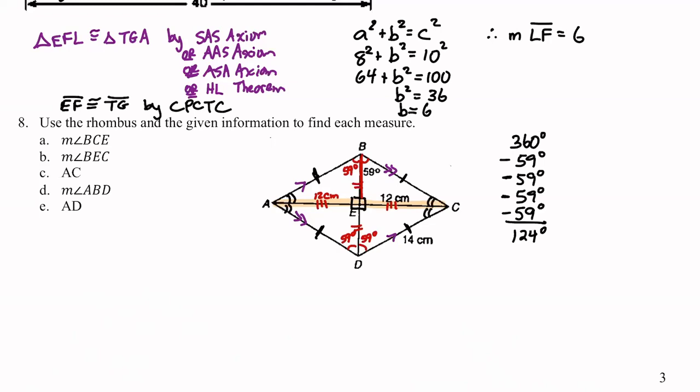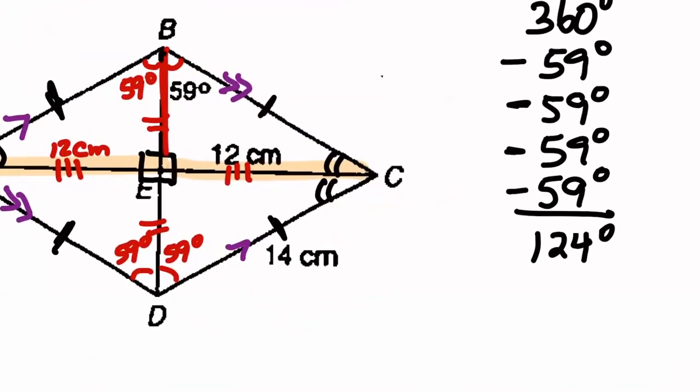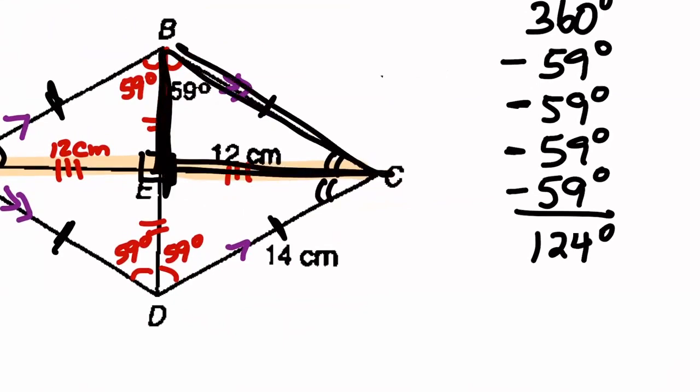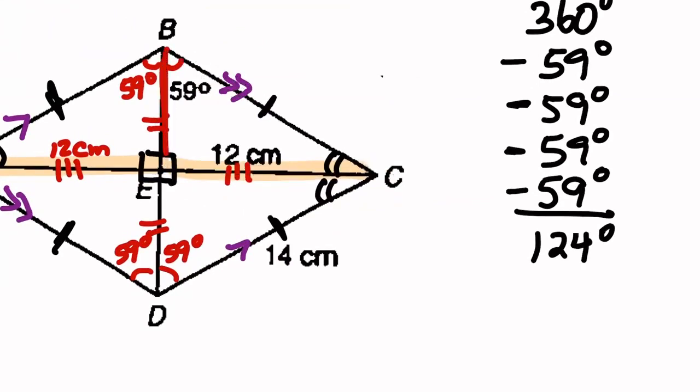Now, you don't actually need quadrilateral properties to figure that out, because if you know that this one here is 59, and this goes back to 2 examples ago, you could use your knowledge of triangles to get the job done, or you could use your knowledge of quadrilaterals and accomplish the same objective. But if you're looking at just this triangle here, we have 90 degrees already accounted for right here.